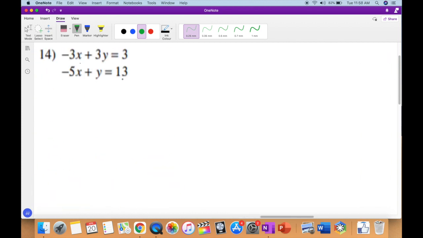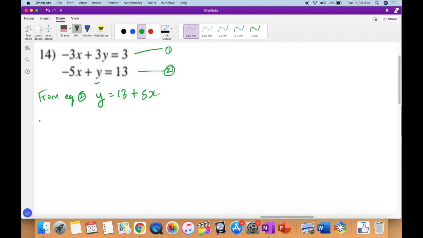For our next question here, we have negative 3x plus 3y equals 3. So let's call that equation 1. Negative 5x plus y equals 13. Let's call that equation 2. And from equation 2, I could see that I could just throw over the negative 5x, and we'll get something nice for y. So from equation 2, y is equal to 13 plus 5x.